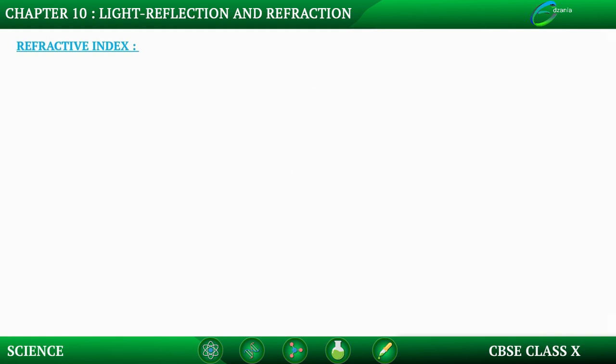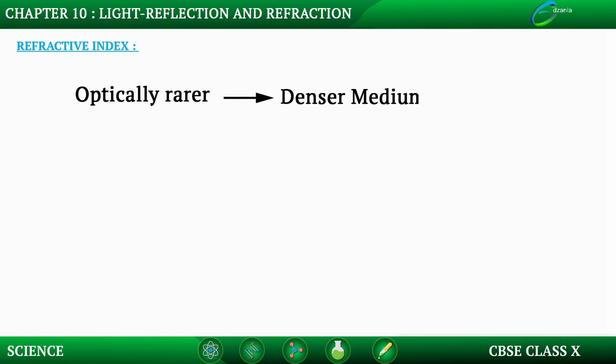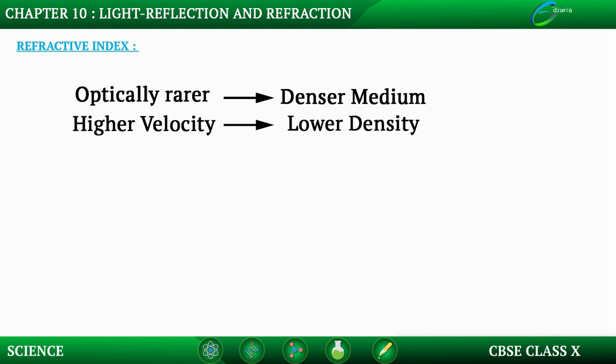In the other case, when light enters from an optically rarer medium to an optically denser medium, what will happen? Optically rarer means the light velocity is higher in this medium, and it slows down.